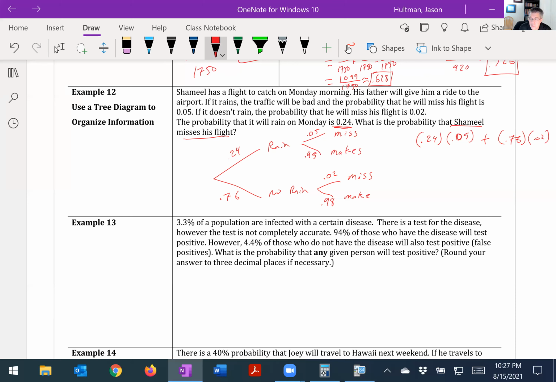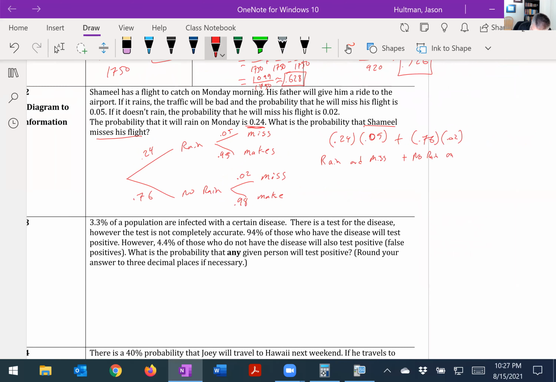So we have to add up both scenarios. To write this out in words, this is the probability of raining and missing plus the probability of no rain and missing.